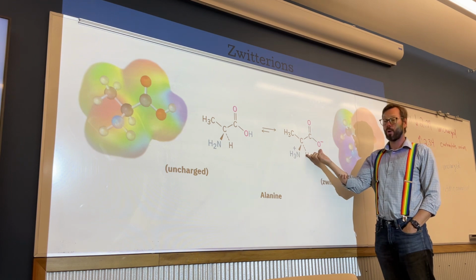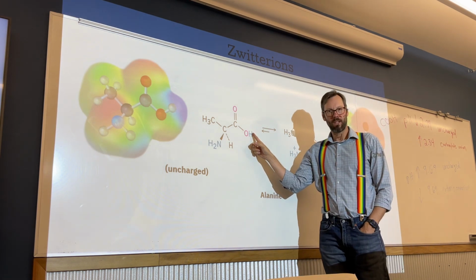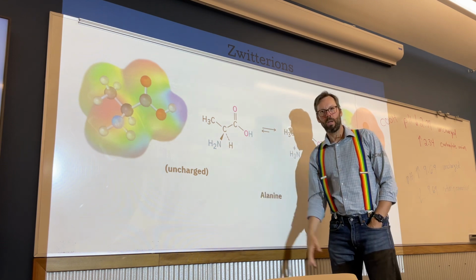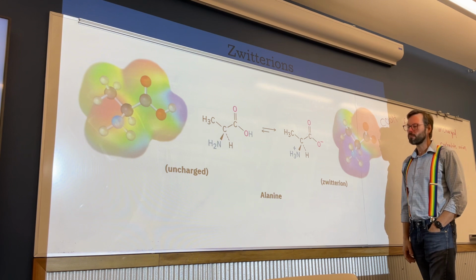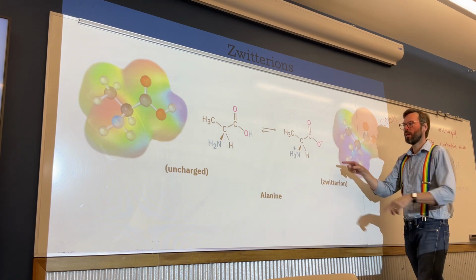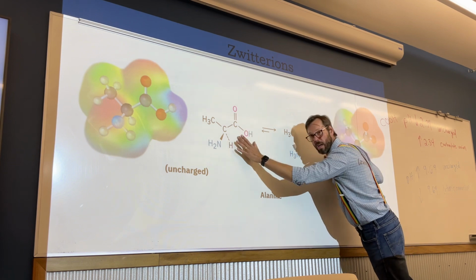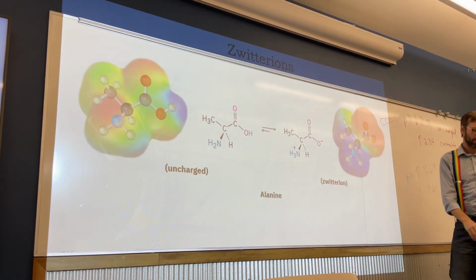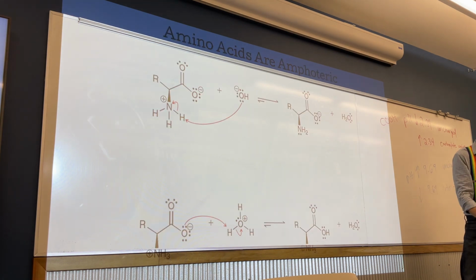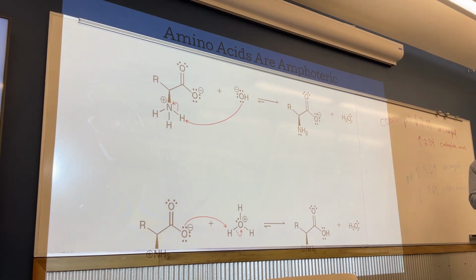It might have both charges, but typically, you're going to pull off this hydrogen here and put one on to the amine group, and it's going to look like this. Okay? So that's what the Zwitter ion is. This is the Zwitter ion. This is just a generic uncharged amino acid. Okay. Questions so far on this? Pretty straightforward.